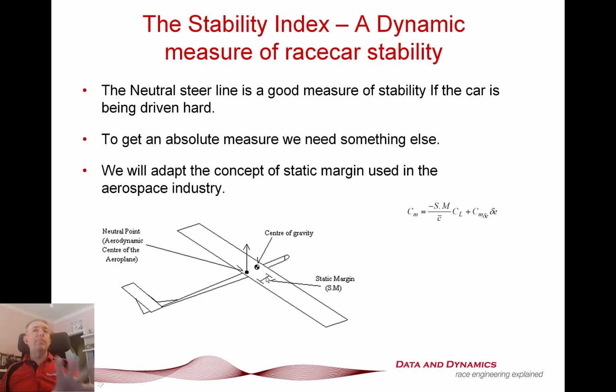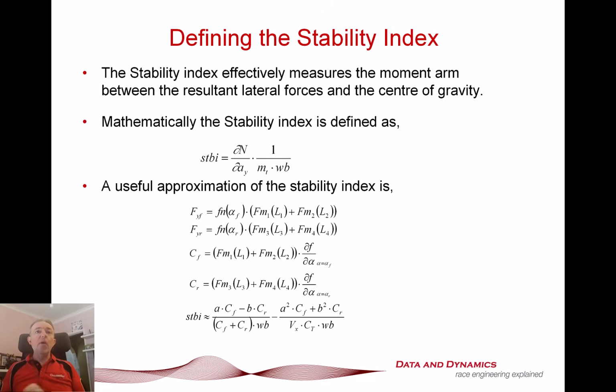This comes from the concept of static margin used for longitudinal aircraft dynamics, hence why I've shown where this comes from. So, to define this, it is the non-dimensionalized moment arm between the center of the lateral forces and the center of gravity divided by the wheelbase. That's it.